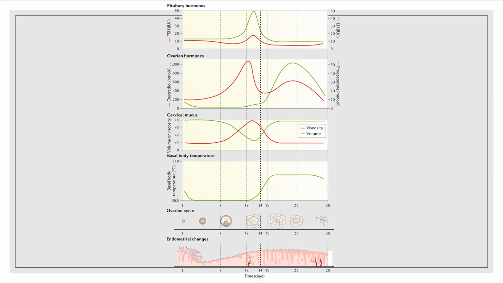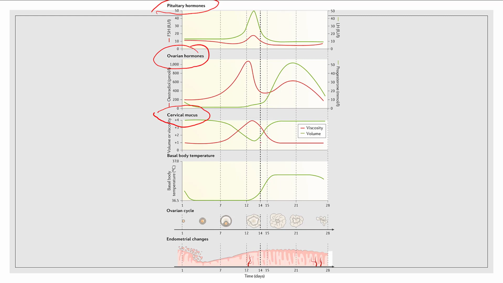I'm not going into detail about female side hormonal cycles and endometrium changes, but if you can recall your pituitary hormone profile in the menstrual cycle, ovarian hormonal cycle, and changes of the cervical mucus, you can see that during ovulation, cervical mucus viscosity decreases and volume increases, so it becomes thin, low volume cervical mucus.